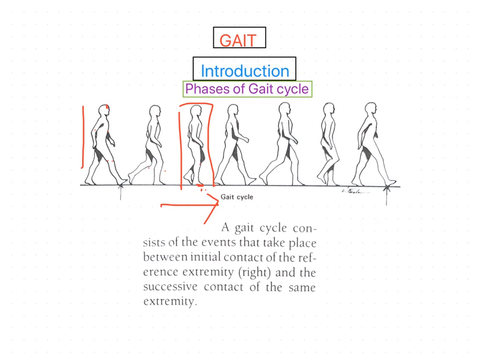Now we'll start with the phases of the gait cycle. The gait cycle includes the activities that occur from the point of initial contact. So we are going to take this right extremity as the reference one.